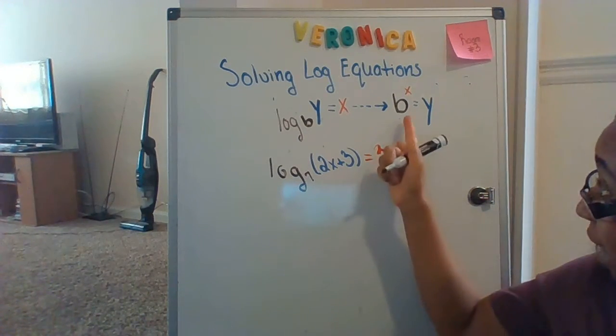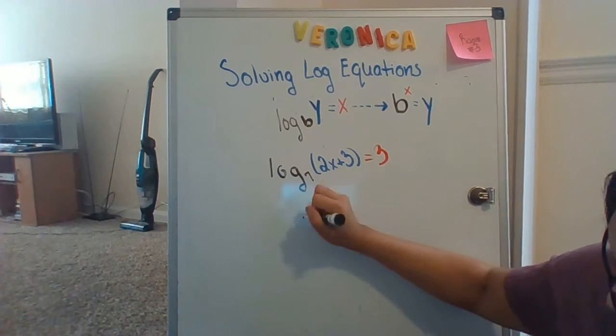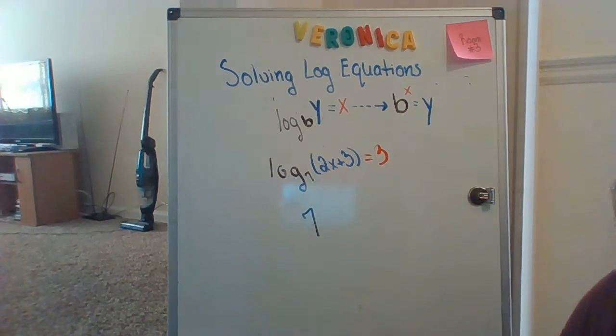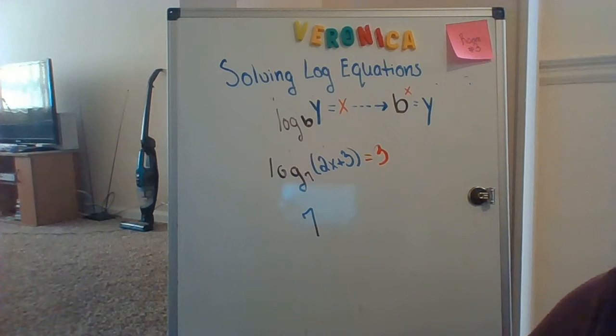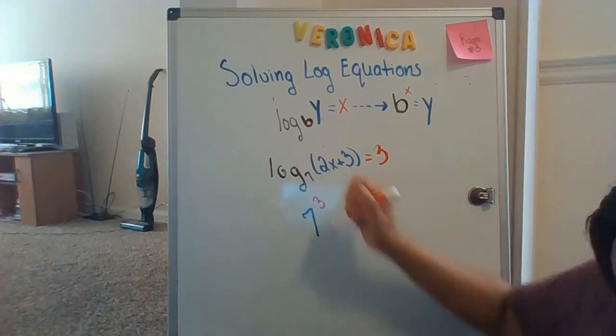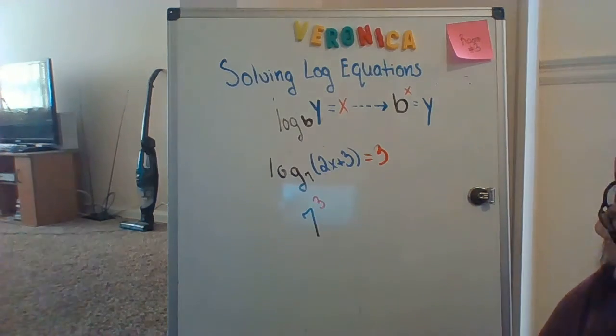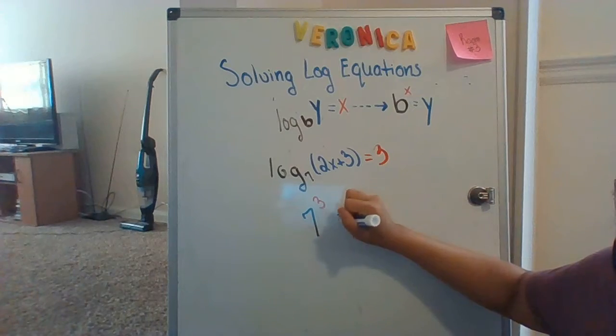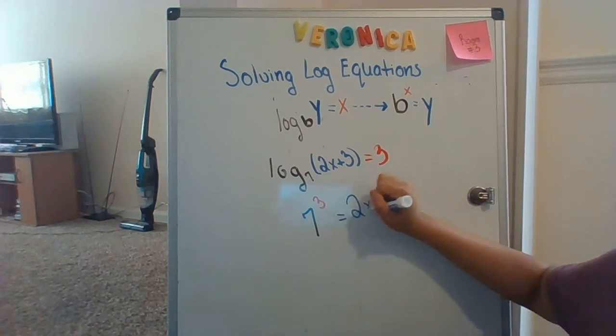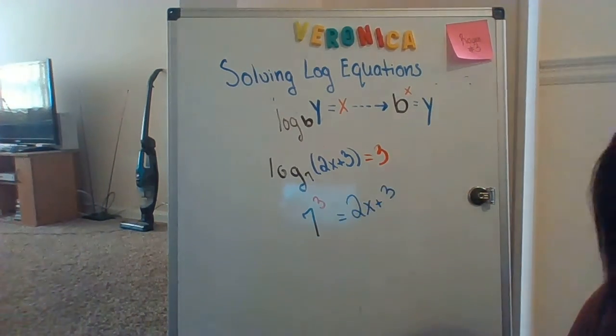So my base, keeping it in black, is 7. Then my exponent is in red, so that means this 3 is what I'm going to put as my exponent when I go to exponential form. And then equals my blue. So my blue in its entirety is 2x plus 3.